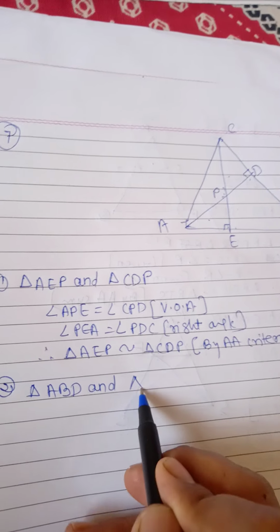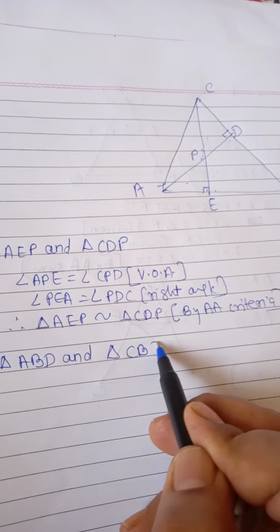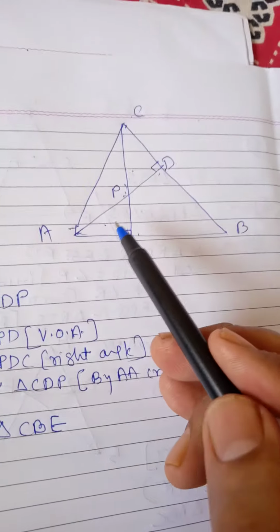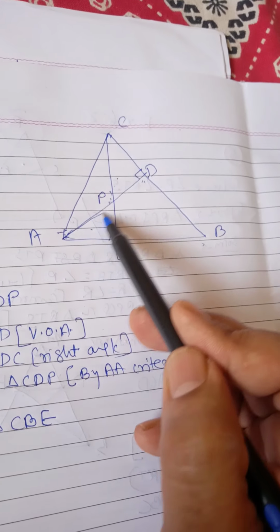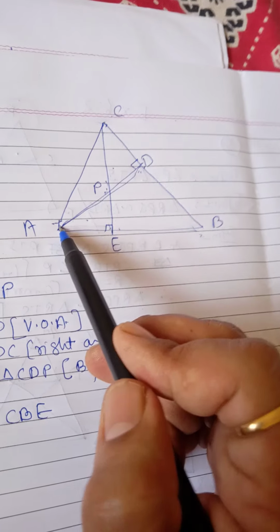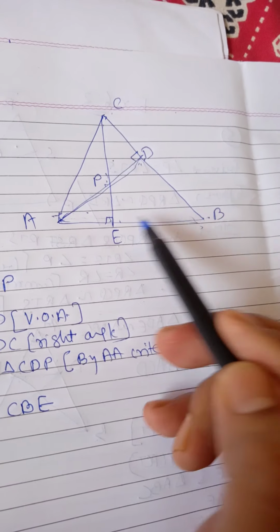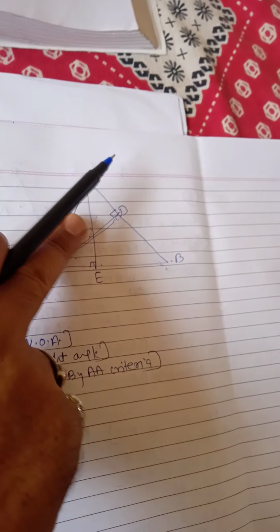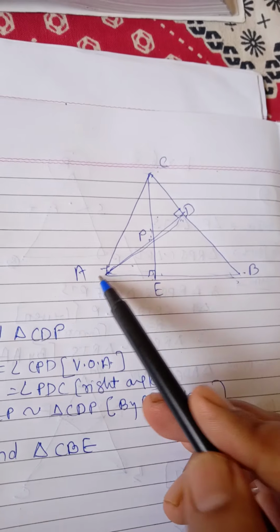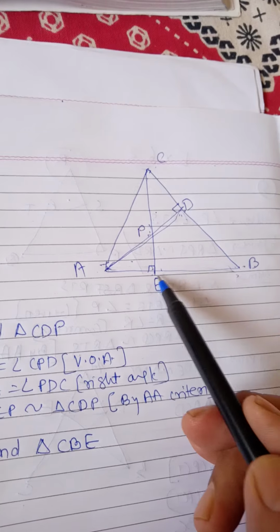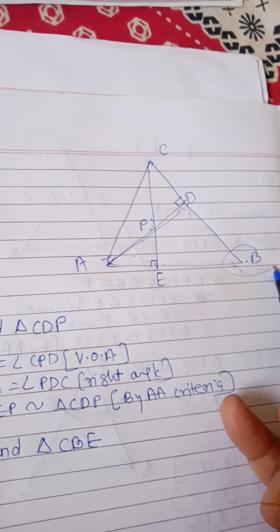Now second we have to prove triangle ABD and triangle CBE. Now let's find out where the ABD is. A, B, D. This region ABD and CBE. So we do not have to consider this particular region. Okay. So in triangle ABD and CBE, I can clearly see B is the common angle.